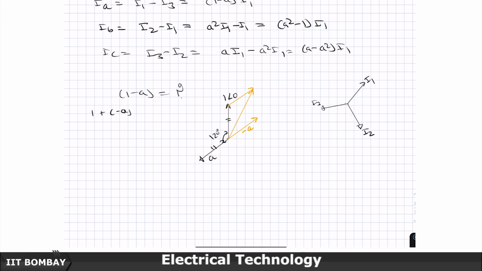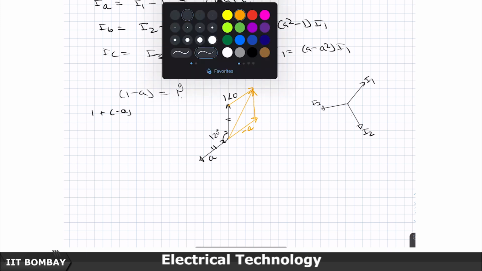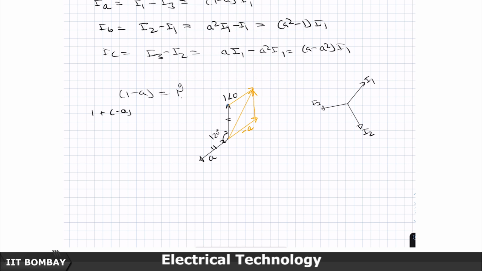Or you can place it anywhere like this also, it is okay. Now I will draw this perpendicular here. Since this is 120 degrees, this is 60 degrees. Since this is 60 degrees, this is 30 degrees and this is also 30 degrees.